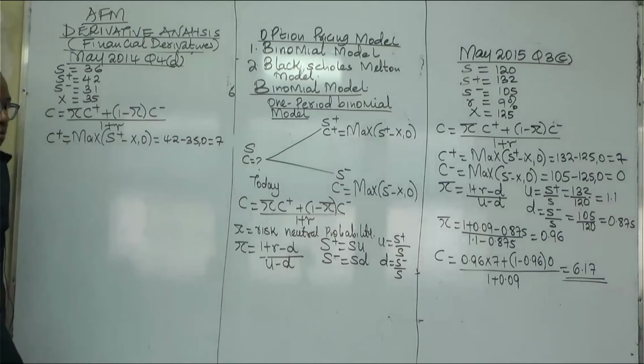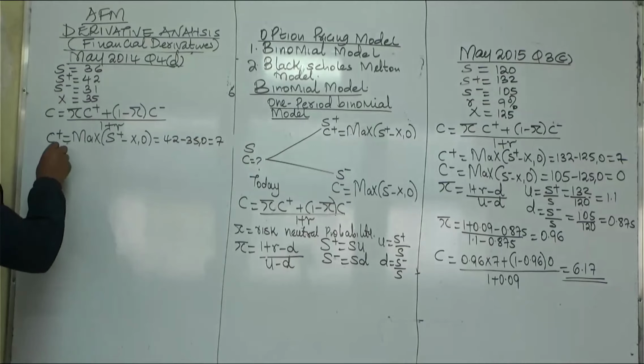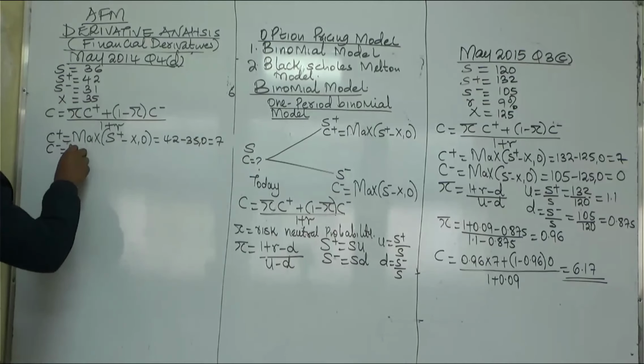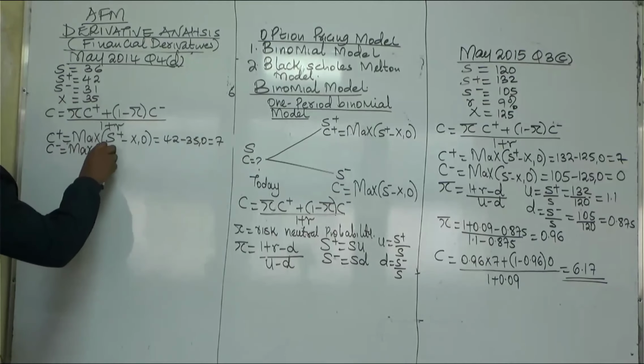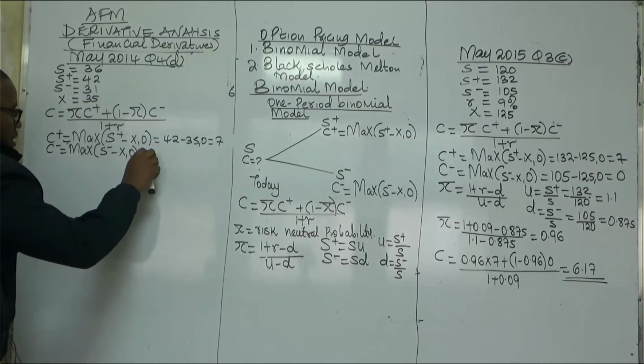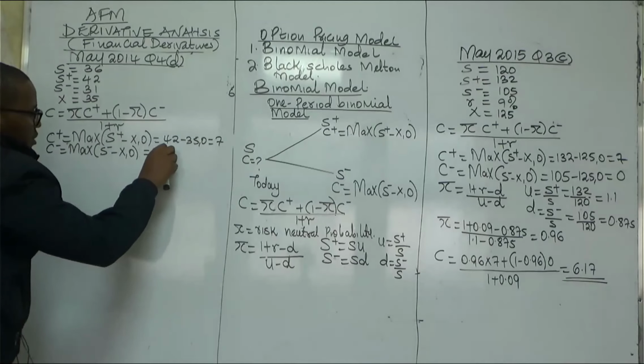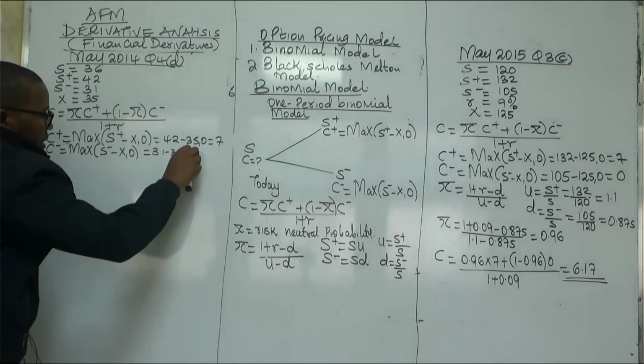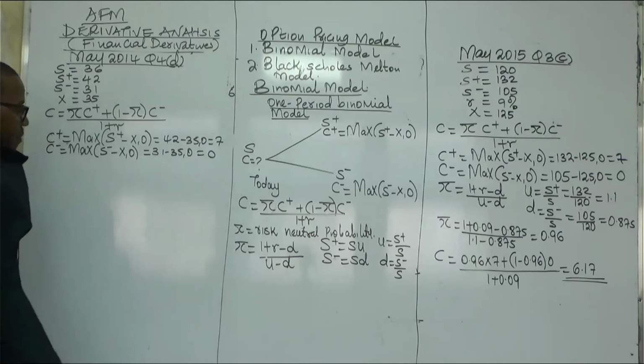This will be 7. C minus is the maximum of the price when it goes down minus the exercise price, compared with 0. This is 31 minus 35, compare with 0. 0 will be the maximum.